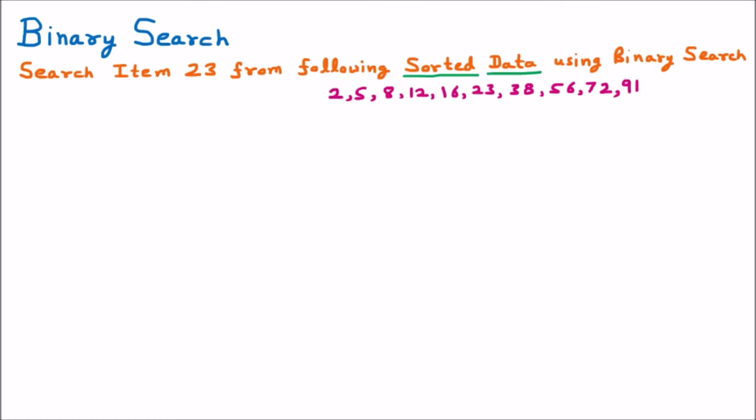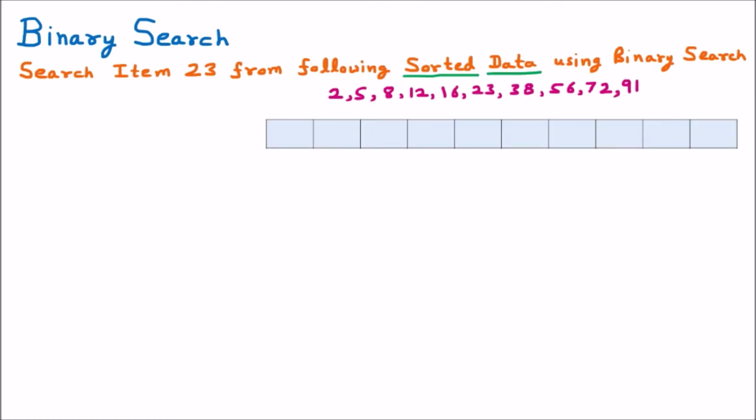So first of all we are taking all these elements into the array. So now we are putting the elements here: 2, 5, 8, 12, 16, 23, 38, 56, 72 and 91. So these elements we have put onto the array.